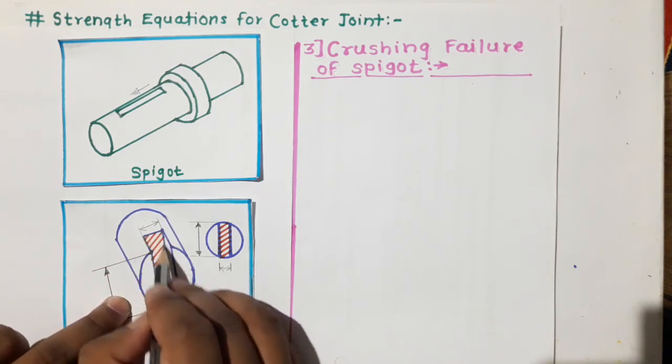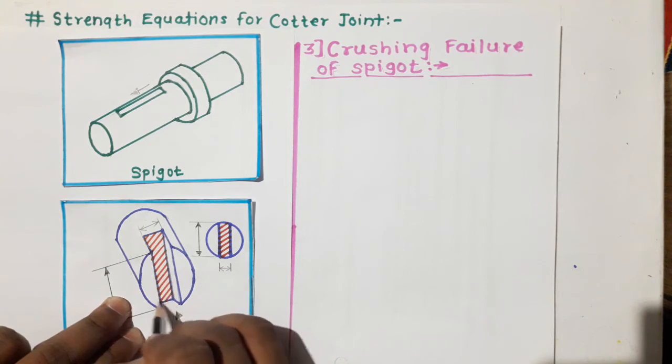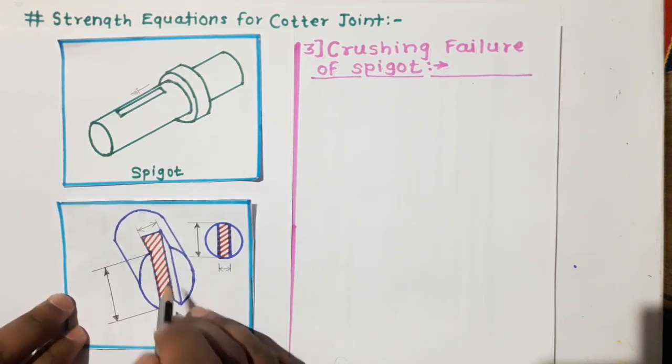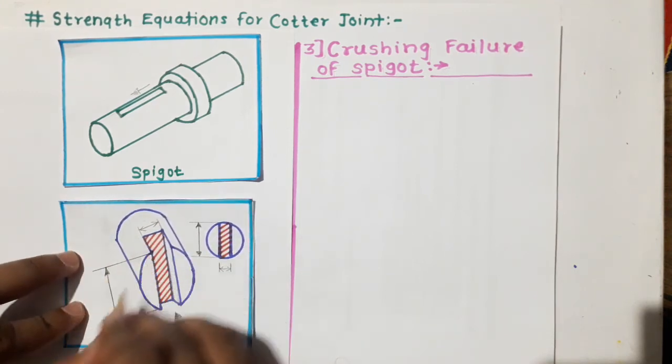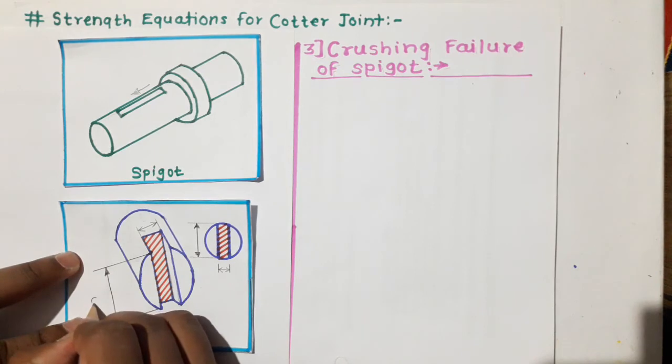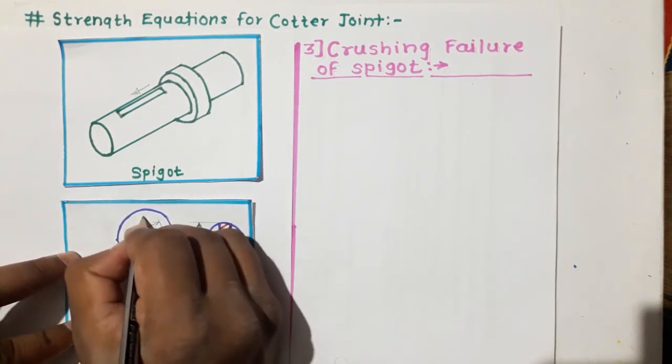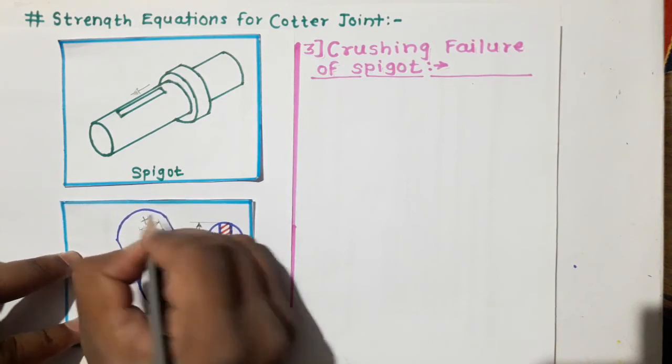Okay, so this is the area of this spigot which is subjected to crushing stress, which is shown by red hatching lines. The diameter of this spigot is D2 and thickness of slot is T.